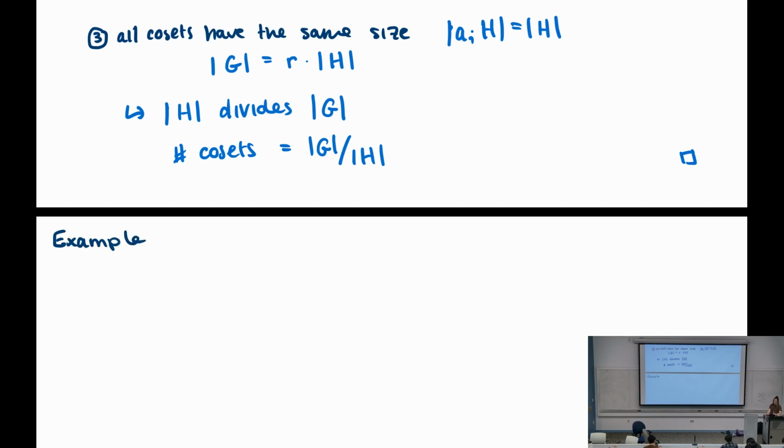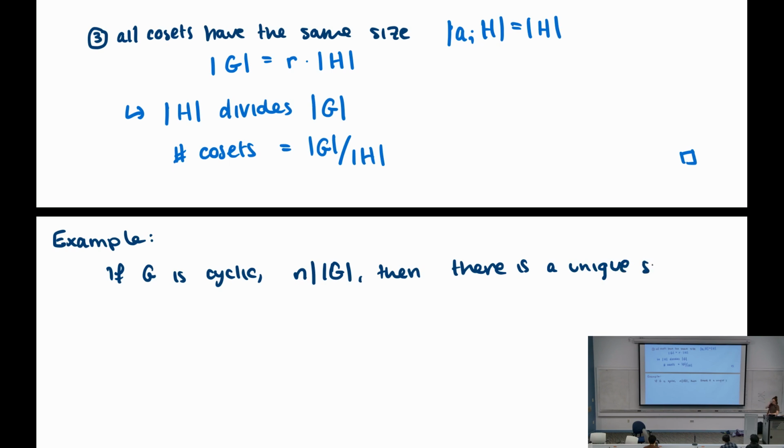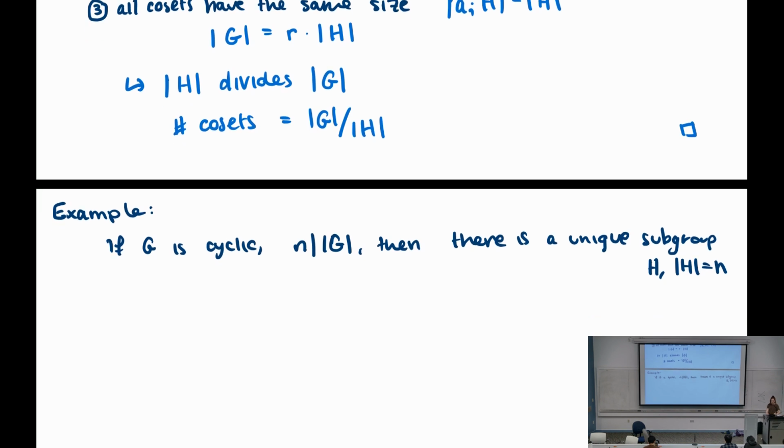For cyclic groups, we had that if G is cyclic and N divides the order of G, then we know that there is a unique subgroup H with the order of H equal to N. So let's see that this can fail for arbitrary groups.